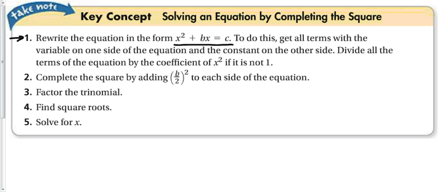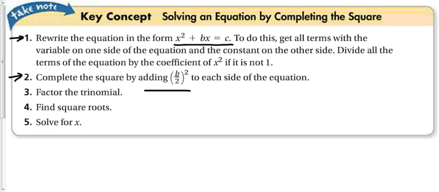To do this, get all the terms with the variable on one side of the equation and the constant to the other side. You must have x squared by itself, so divide all the terms of the equation by the coefficient of x squared if it is not 1. Must be a 1.